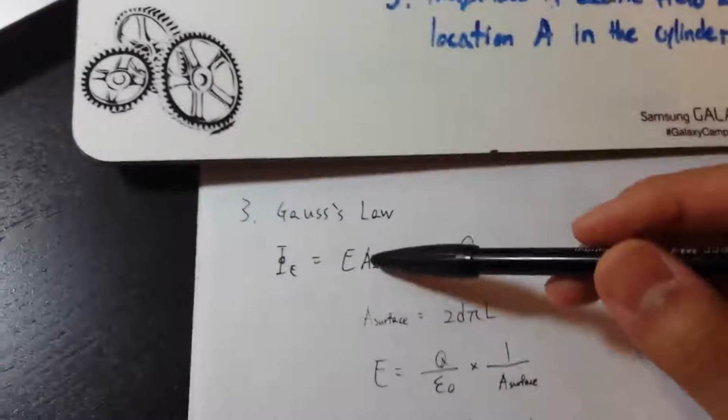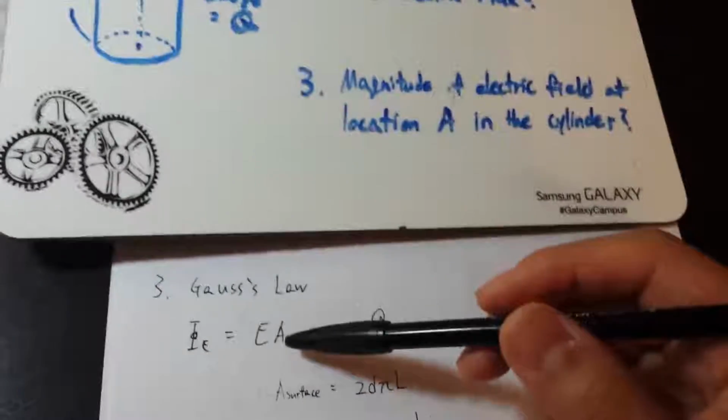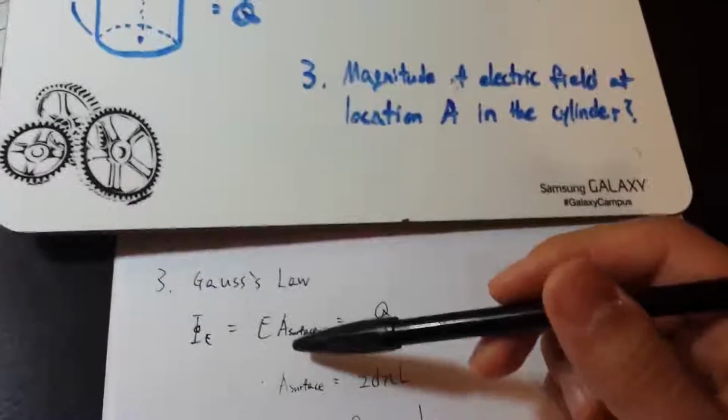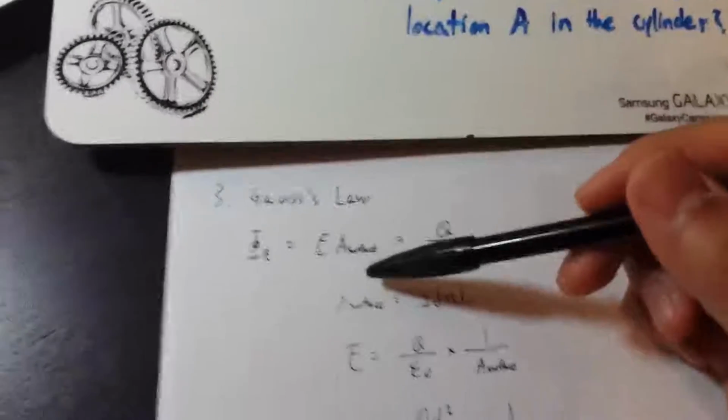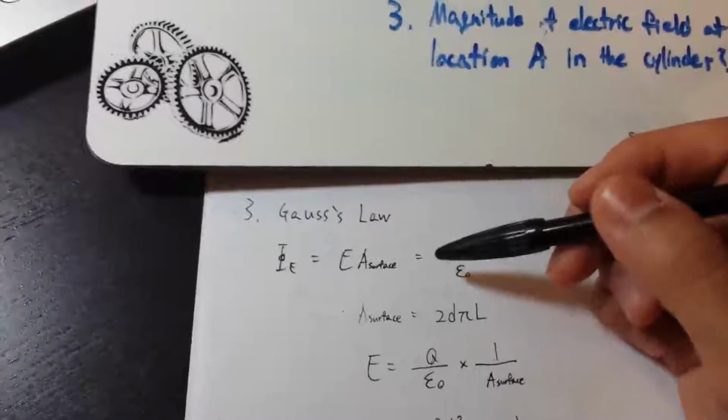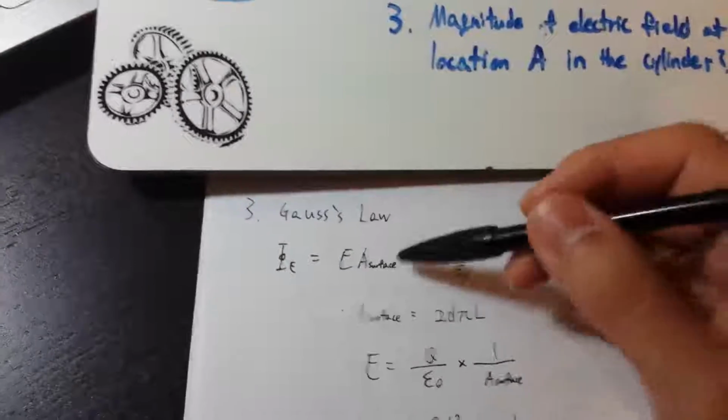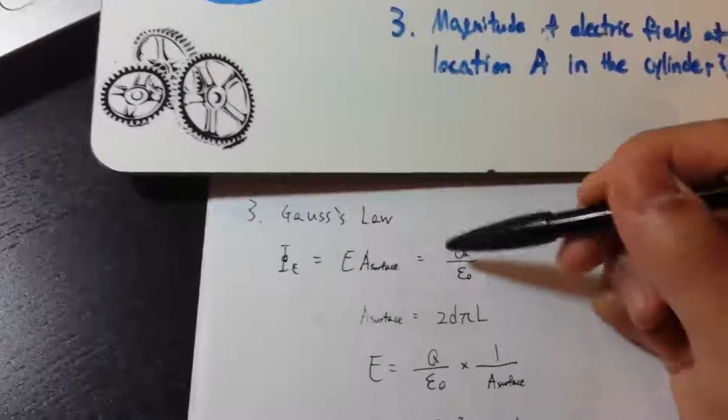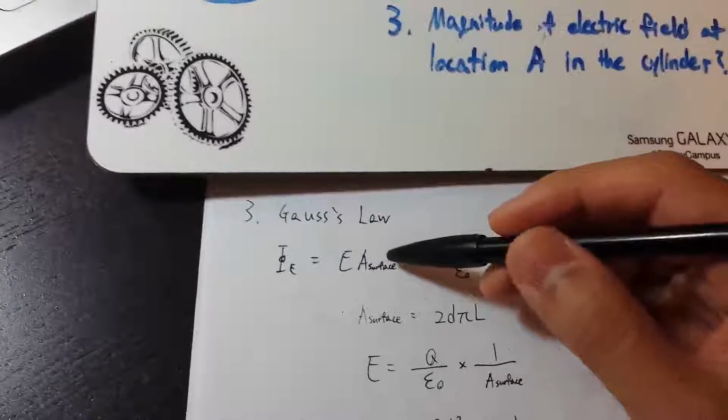In order to get the magnitude of the electric field at location A in the cylinder, we have to divide the total flux by the area of the surface.